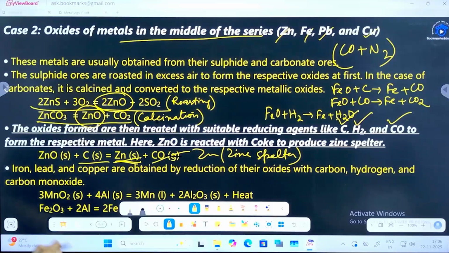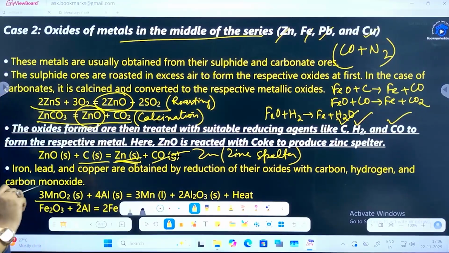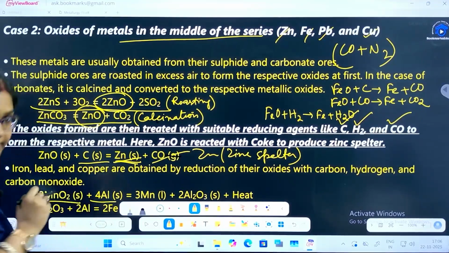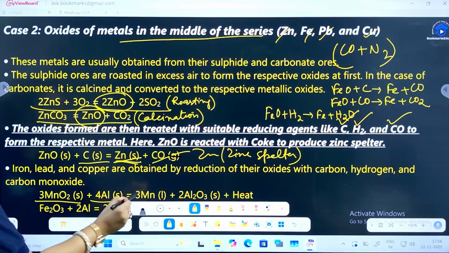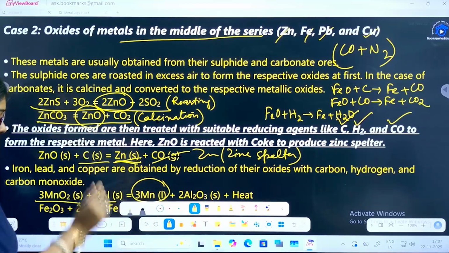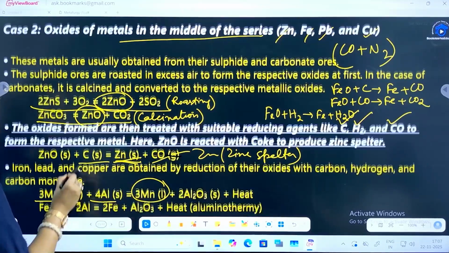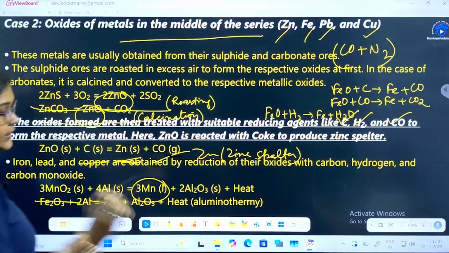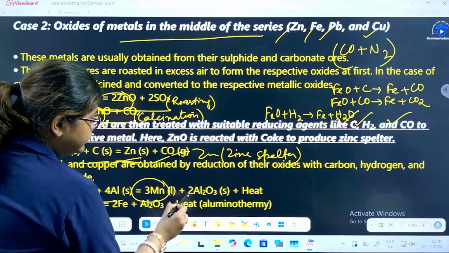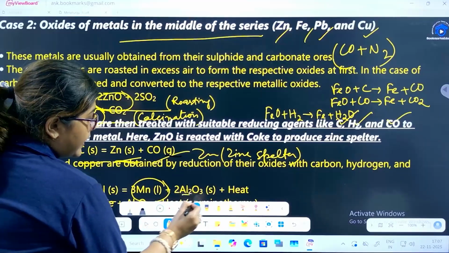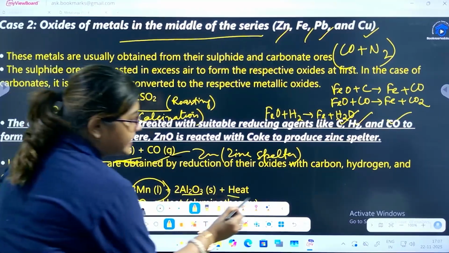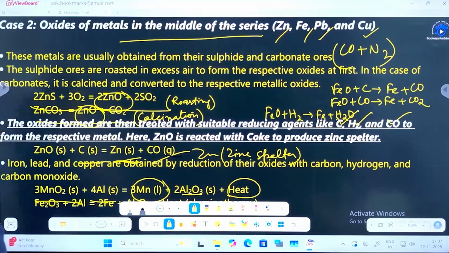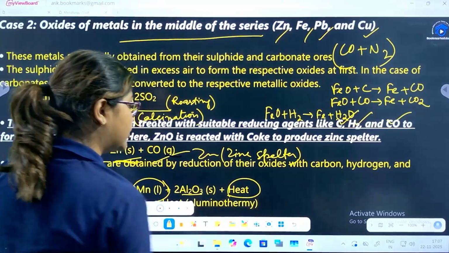Like manganese dioxide, when I treat it with aluminium, this forms the manganese metal, aluminium oxide and heat.